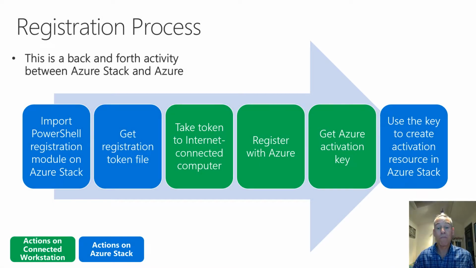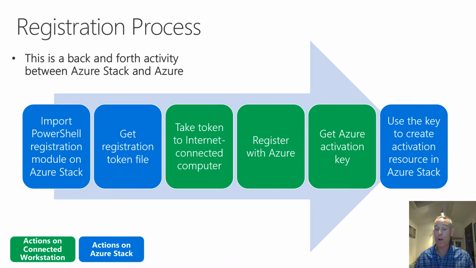So there's another similar process to do the registration if you're disconnected. So you've got to get the PowerShell registration modules down to your Azure Stack. So you use the process I just showed you previously to get the PowerShell on there. You generate a registration token file. So some commands to generate the token file.